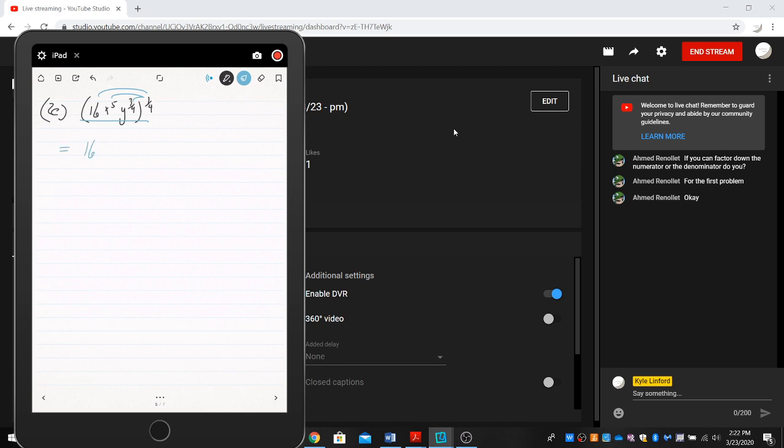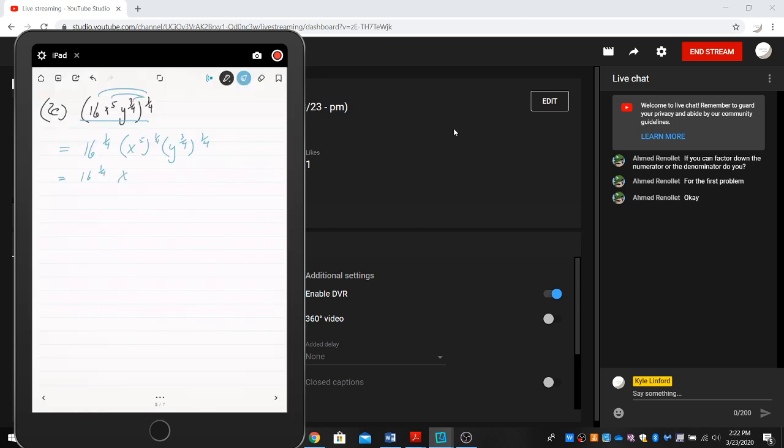So we're going to take 16 and raise it to the 1/4 power. We're going to take x to the 5th and raise it to the 1/4 power. And then we're going to take y to the 3/4 and raise it to the 1/4 power. Okay. That's 16 to the 1/4 power.